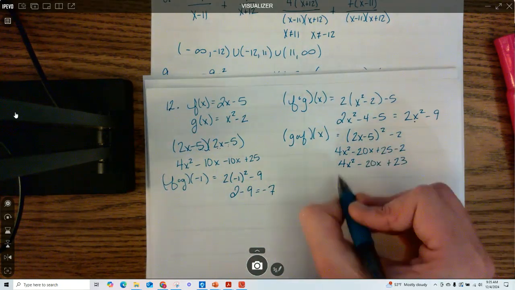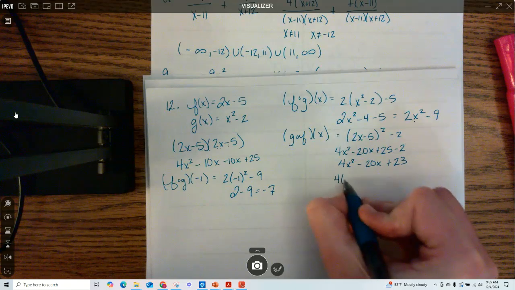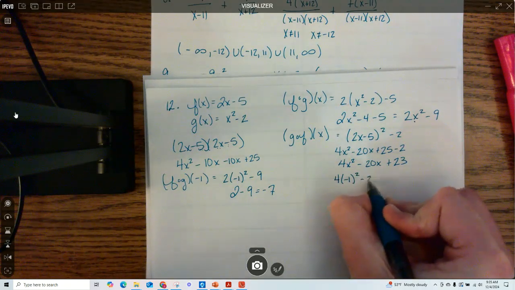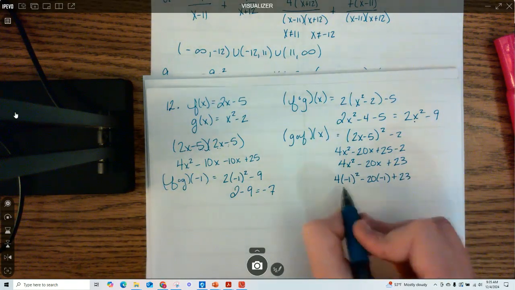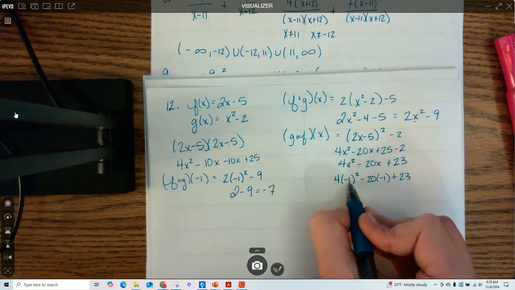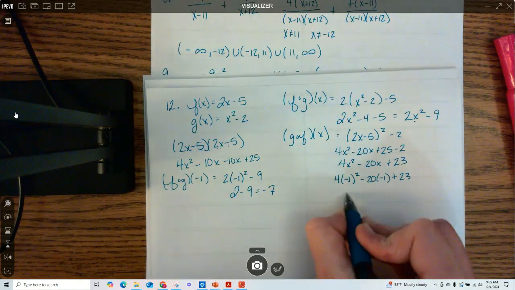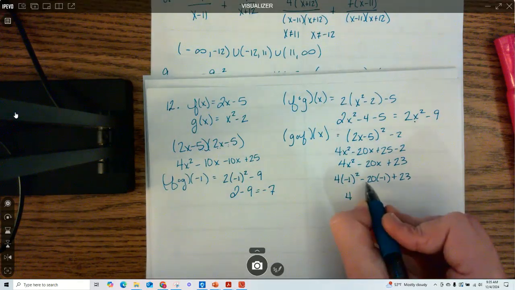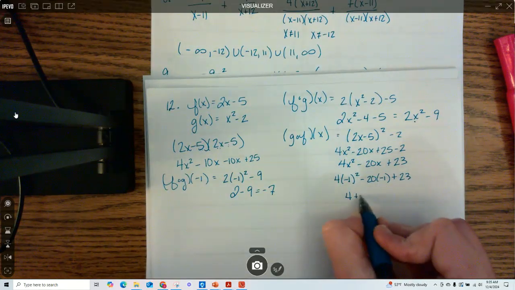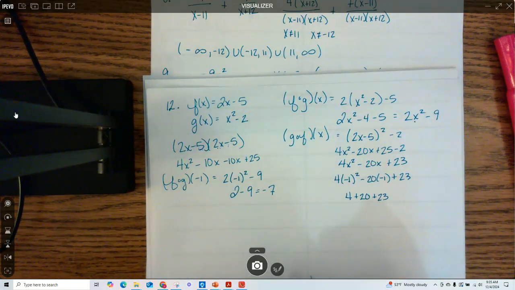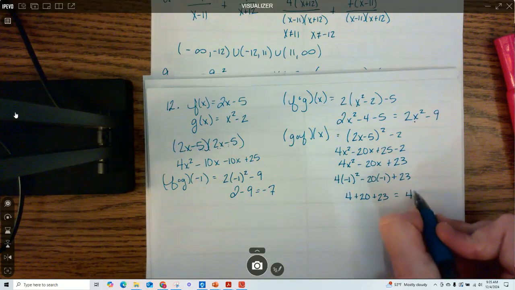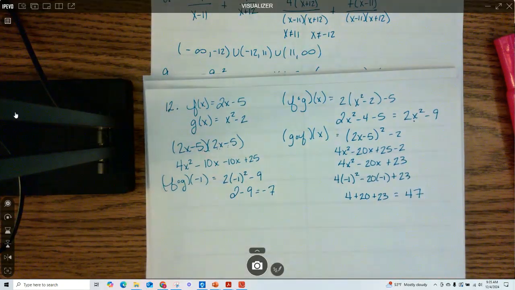And then if we plug negative 1 in there, so 4 times negative 1 squared minus 20 times negative 1 plus 23. So negative 1 squared is a positive 1. 4 times 1 is 4. Negative 20 times a negative 1 is a positive 20. Plus 23 is 47.